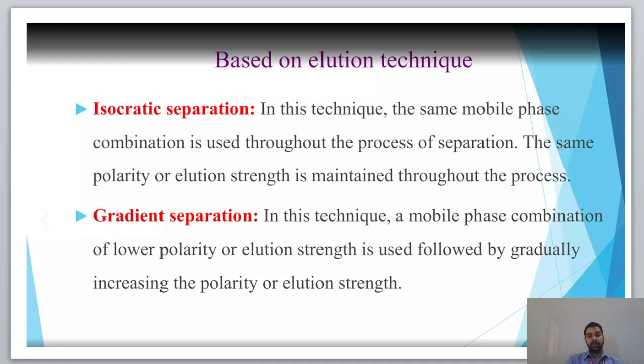Means if the drug can be retained within 15 minutes, for the first 2 minutes we are using the low polar solvent, next 4 minutes we are using a little mid-polar solvent, and the next 10 minutes around we are using the highly polar solvent.